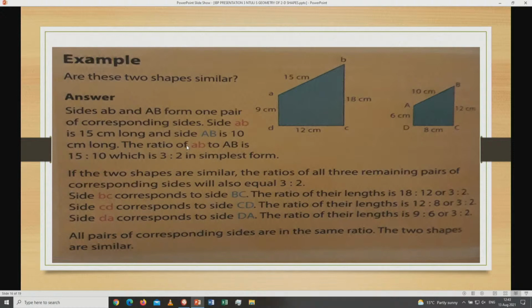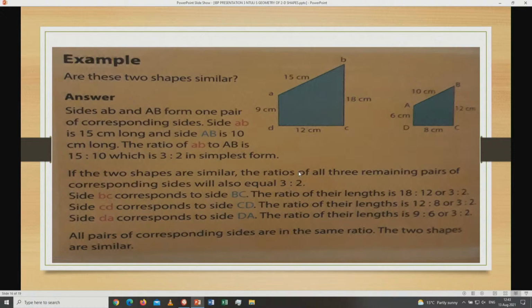The ratio of small ab to capital AB is 15 is to 10, which is 3 is to 2 in simplest form. If the two shapes are similar, the ratios of all the 3 remaining pairs of corresponding sides will also be equal to 3 is to 2.